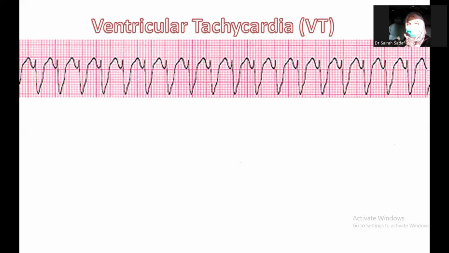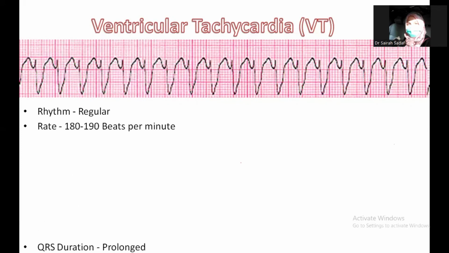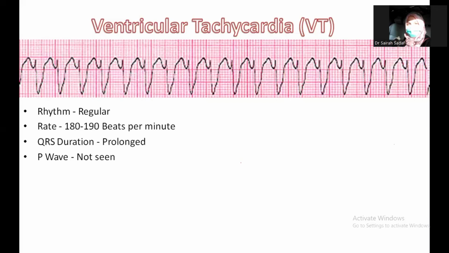If you just focus on the name, as you can see: broad complex, regular, all the R waves are coinciding, and monomorphic. Monomorphic means same shape. Rhythm is regular, rate is more than 180, 190, QRS complex duration prolonged, P wave you cannot see it.